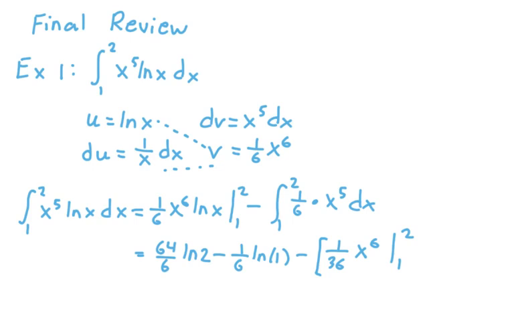Now, then I'm going to go minus, and then the integral of 1/6 x to the fifth dx is 1 over 36 x to the 6. But we evaluate from 1 to 2.